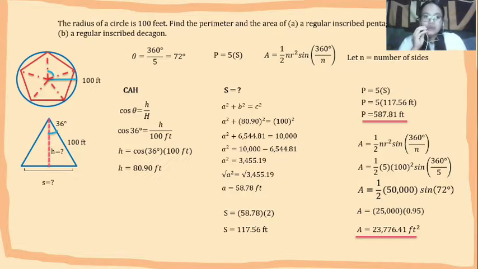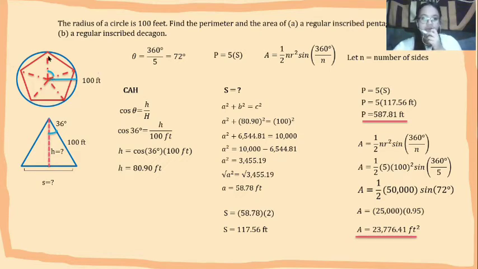Then we will draw a circle, and our radius is 100 feet. This is our radius, the blue straight line. Then we will draw a pentagon inside the circle because it is an inscribed pentagon, meaning the pentagon is inside the circle.